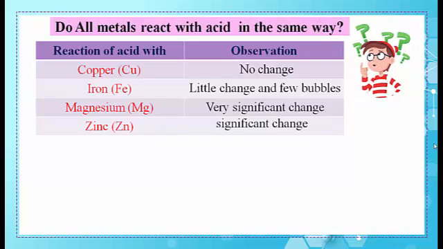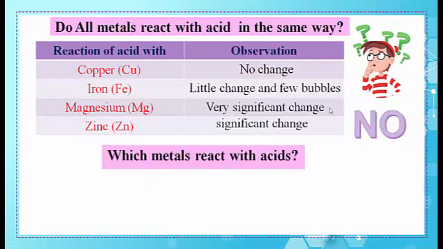This leads us to a question. Do all metals react with acid in the same way? Look at the observation. There are different observations for different metals placed in an acid. This leads to the answer, which is no. Which metals react with acids? Look here.